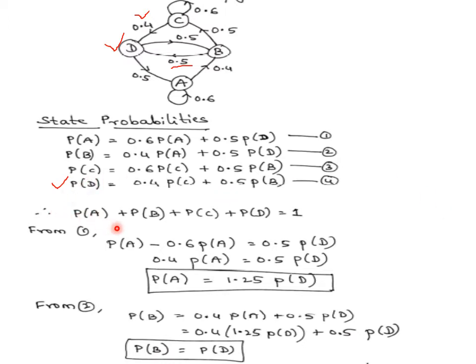We know that the sum of all the probabilities is equal to 1. Therefore, we can write P of A plus P of B plus P of C plus P of D equals 1.